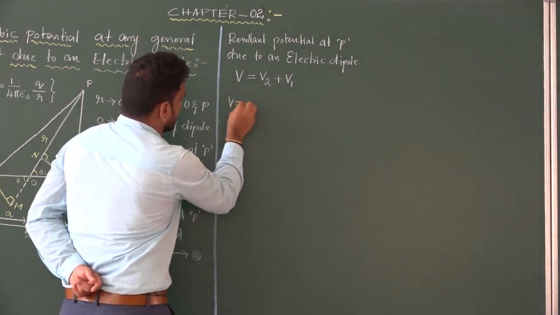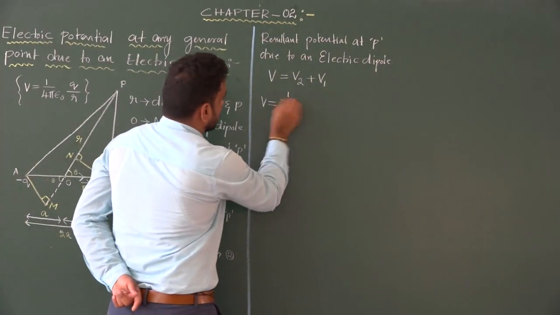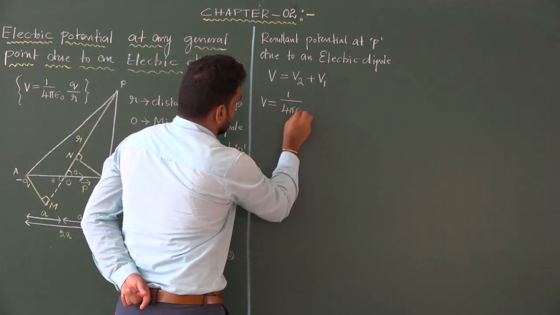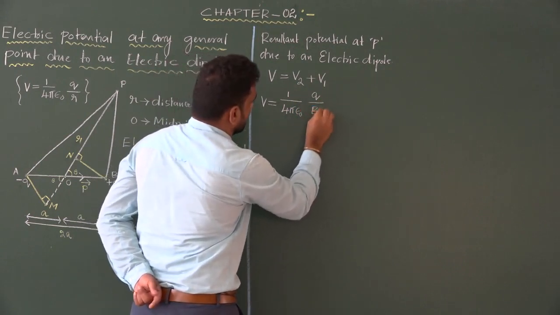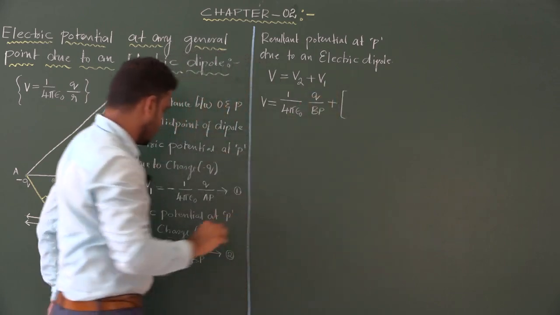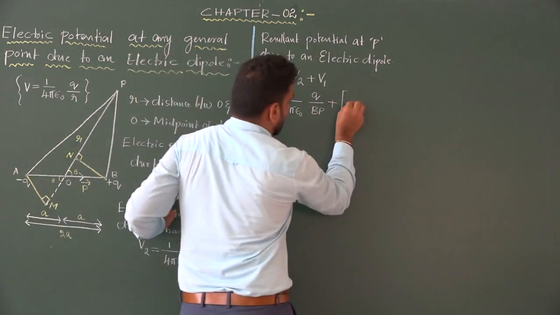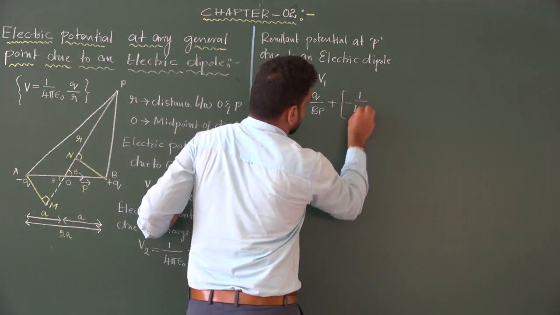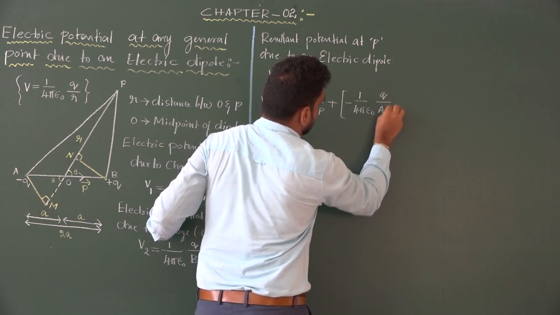Then V is equal to, what is V2? We have 1 over 4 pi epsilon naught Q divided by BP plus, I will open the bracket. Why? Because we have a negative sign. What is V1? Minus 1 over 4 pi epsilon naught Q divided by AP.